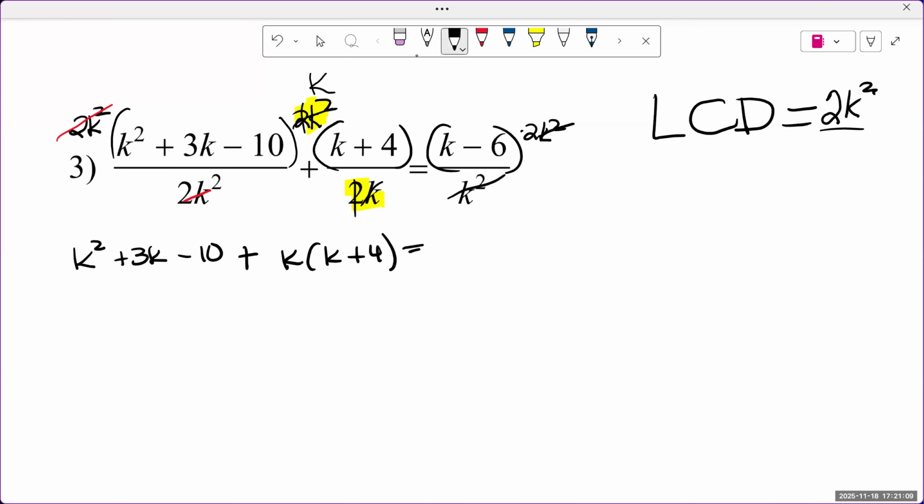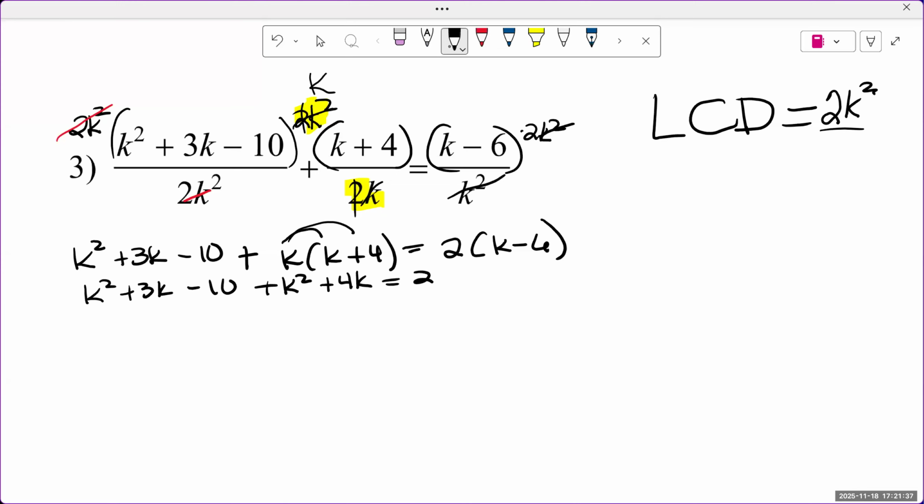The k squared cancels, and I have 2k minus 6. So let's distribute. K squared plus 3k minus 10 plus k squared plus 4k is equal to 2k minus 12.